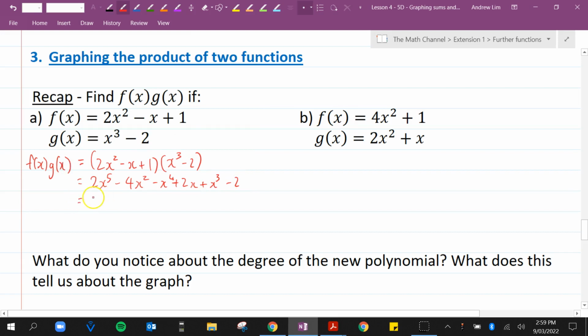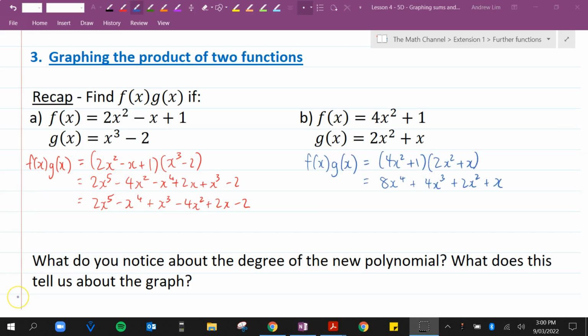Let me just put that in descending order. Alright, pause the video, have a go with B. Alright, so here's the answer. 8x to the power 4 plus 4x cubed plus 2x squared plus x.